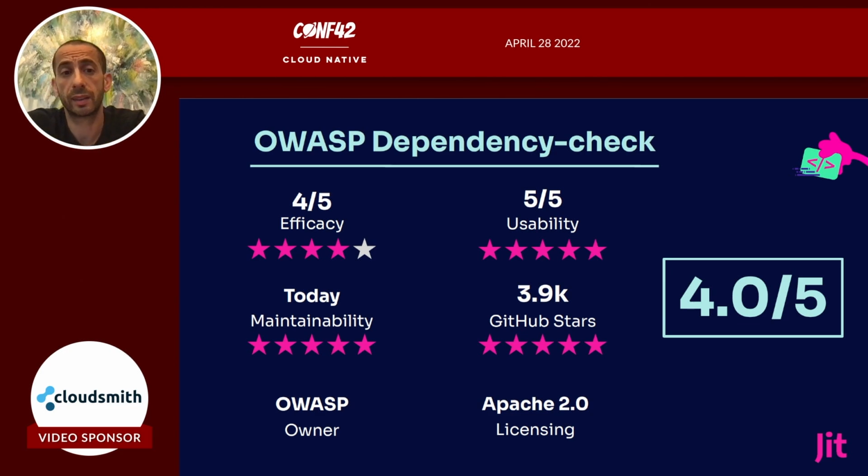Usability is super. Efficacy is very good. High rate of true positives, yes, there are some false positives, but a very good rate of true positives. It's very easy to use, and it's also a very popular tool, so we recommend using it.